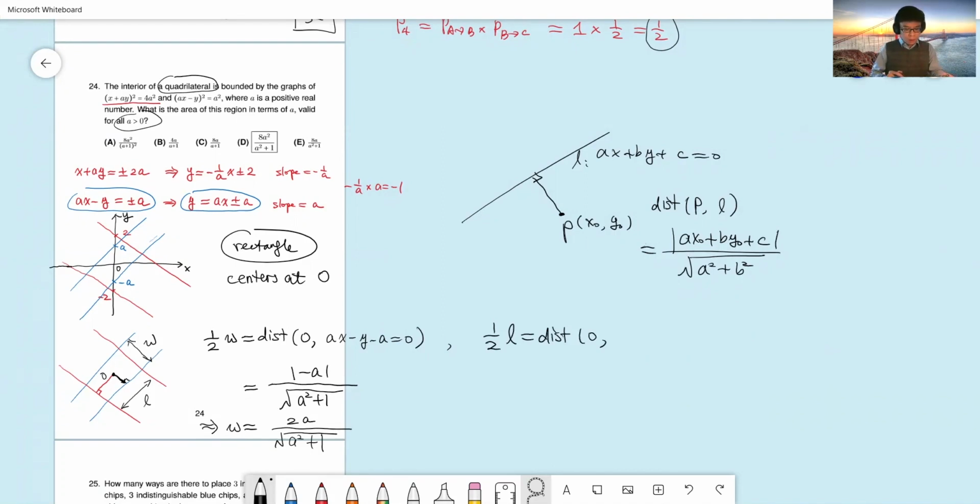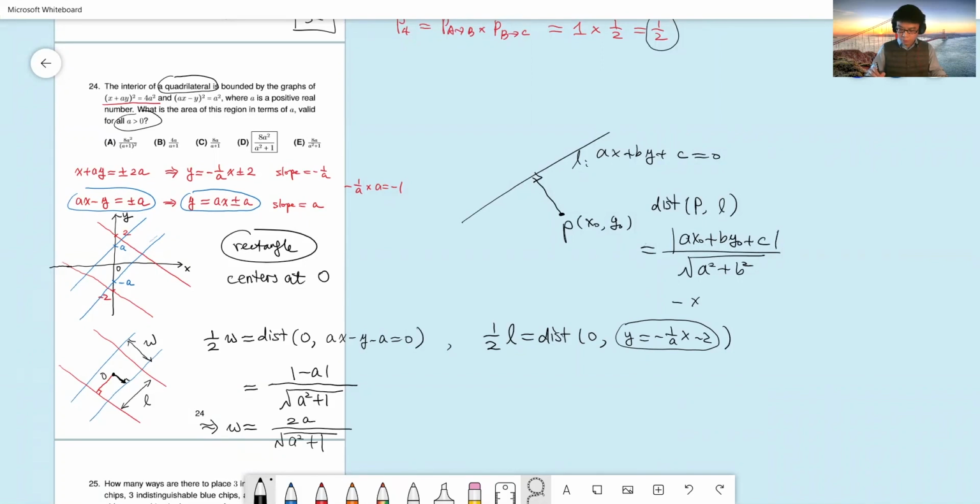Here, this line is y equals minus 1 over a x minus 2. So y equals minus 1 over a x minus 2. That's equivalent to, this is equivalent to minus x.